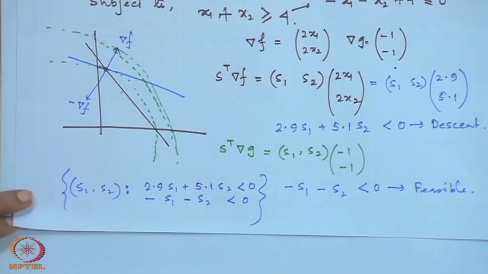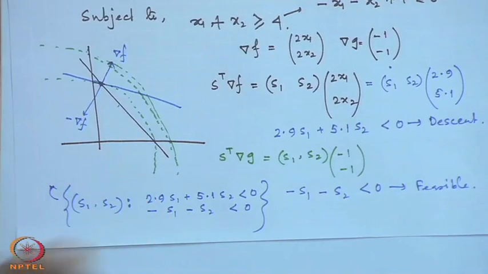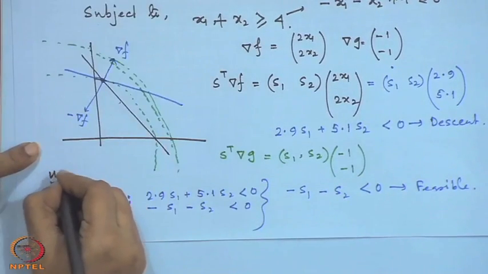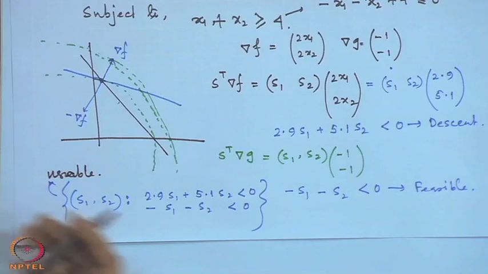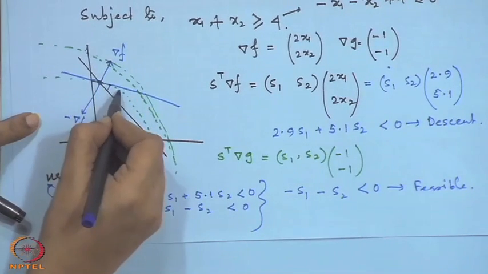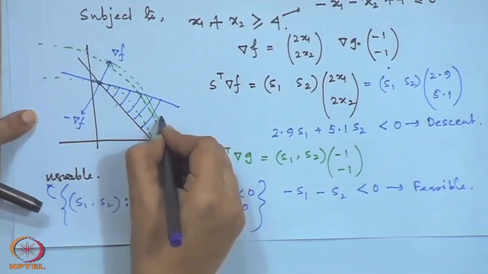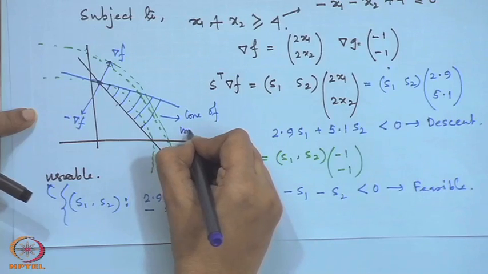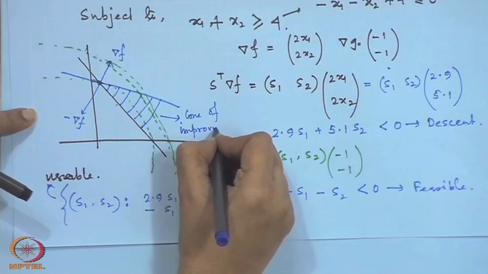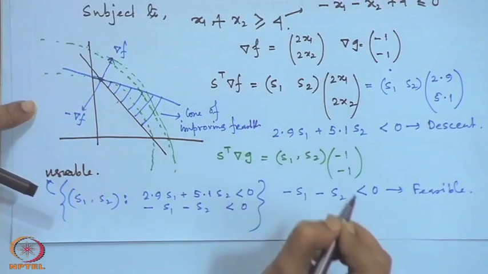Which direction could it be? This direction is the usable direction, as said by Zoutendijk. All right. What is this direction then? This direction would be nothing but this cone. That is why this cone is said to be the cone of improving feasible directions.